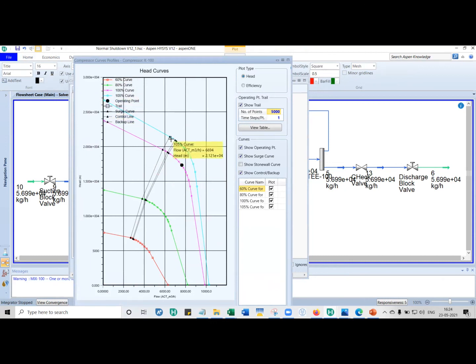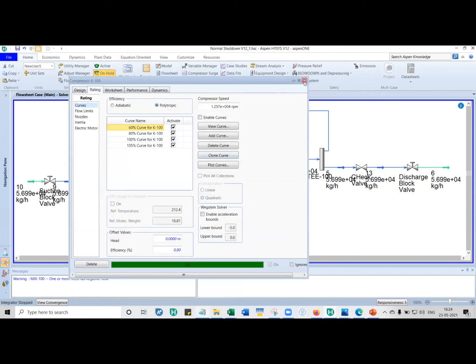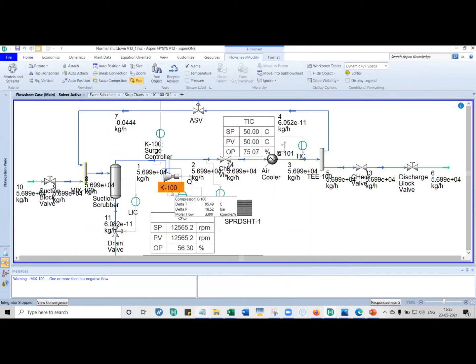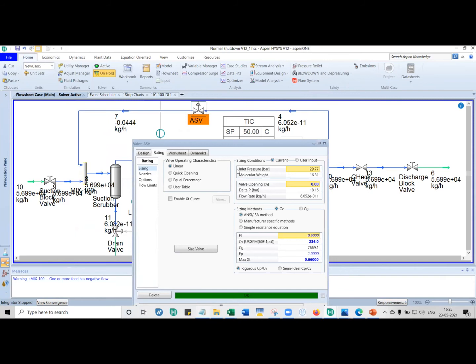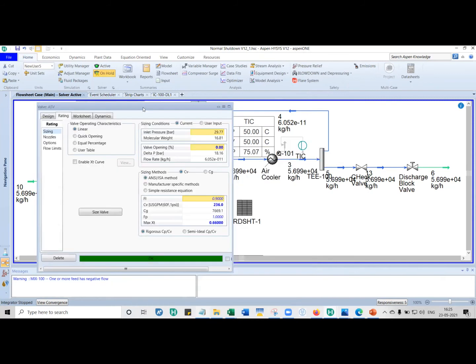If you don't want that to happen, extend these lines to the X and Y axis. So that way it at least knows its boundary conditions when it is computing. That is the next thing. So therefore, for the gas compressor, you must have your performance maps.